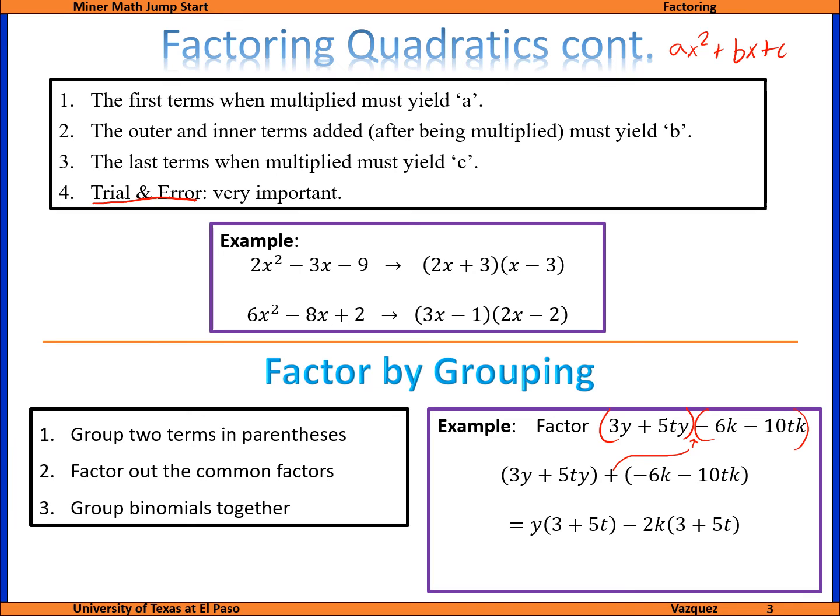So this is where we group the binomials together. We're going to have one where we have 3 plus 5t, but the other one, as the arrows show us, we're going to have y minus 2k. We're going to group those two together. That's why it's known as factor by grouping. All right, we're grouping things together, and we get our factors.